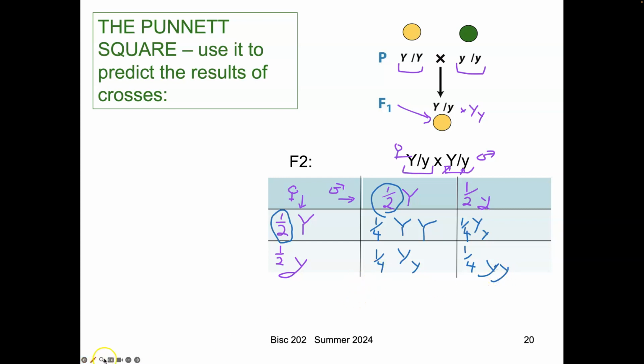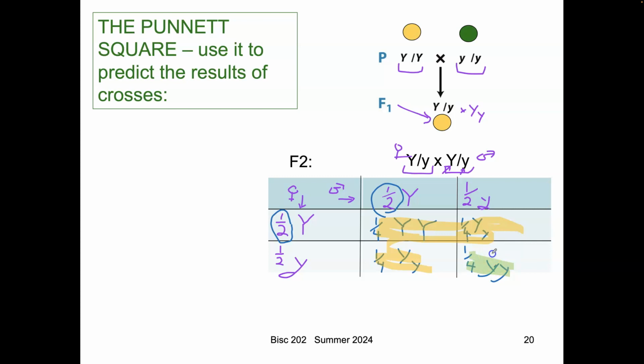So when we look at this, what we're going to see is, this is not a very good highlighting job, but 3 of the 4 possible outcomes are heterozygous or homozygous dominant, and therefore have the yellow phenotype.